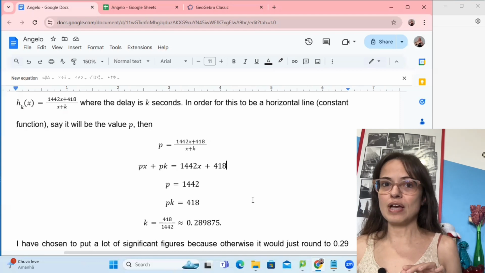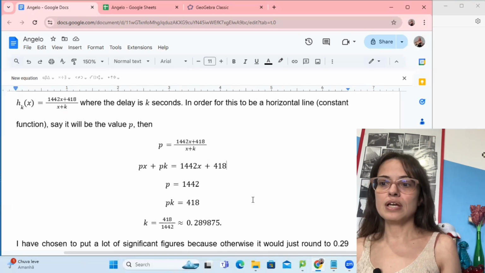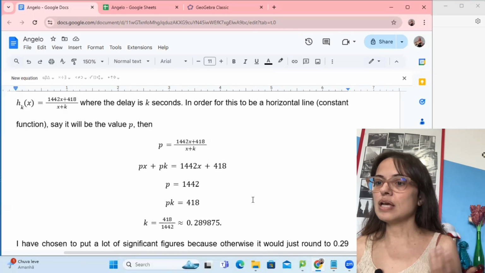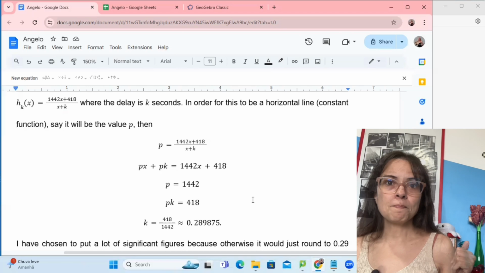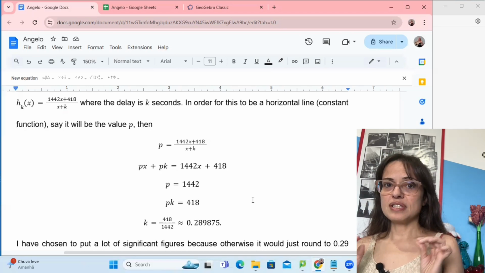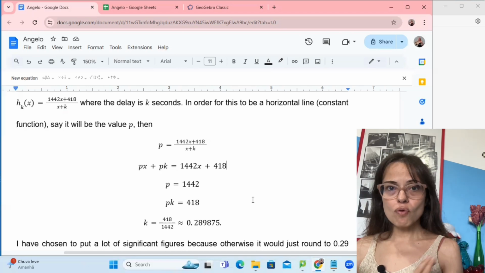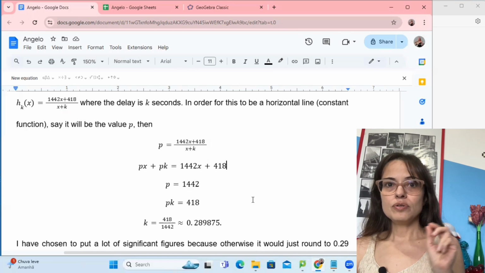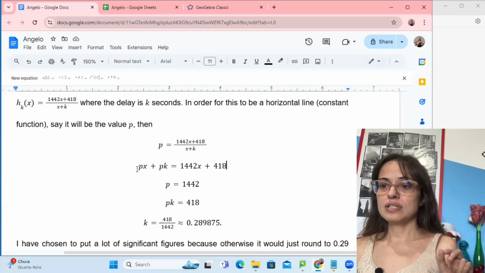So for any value of x, that first line is an equality, and so is the second line because they are the same, just multiplied by x plus k. And in order for the second line to be true for all values of x, you need to equate the coefficients individually.